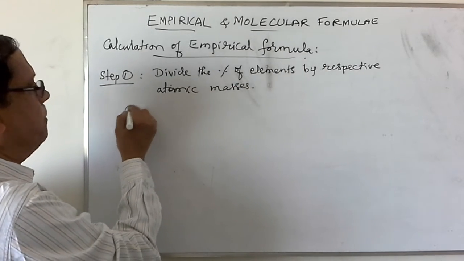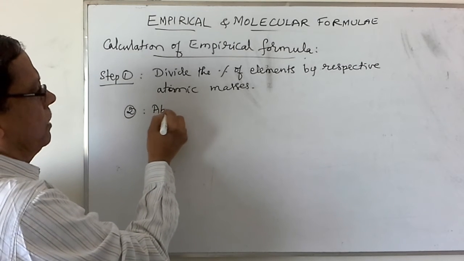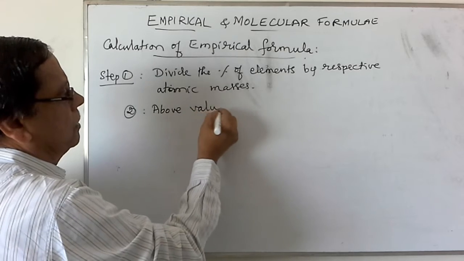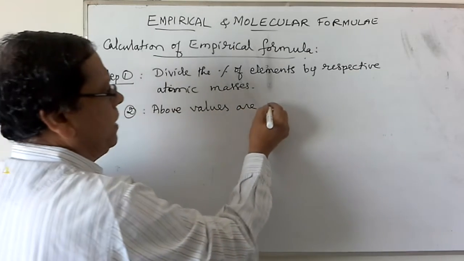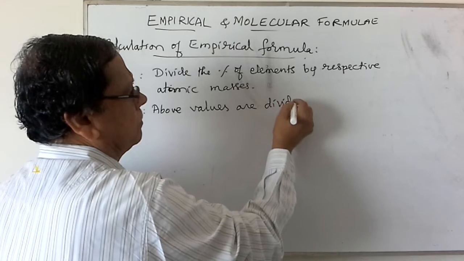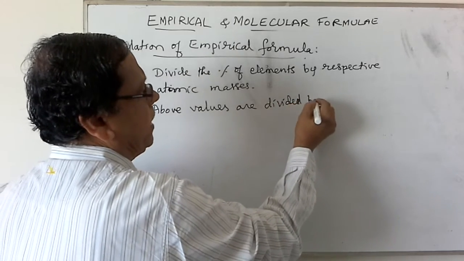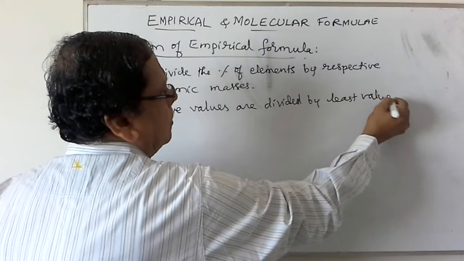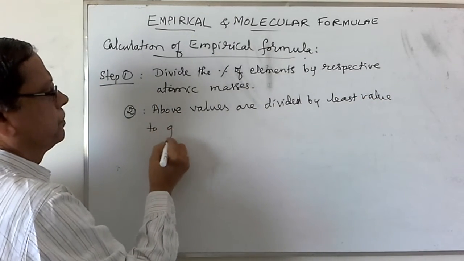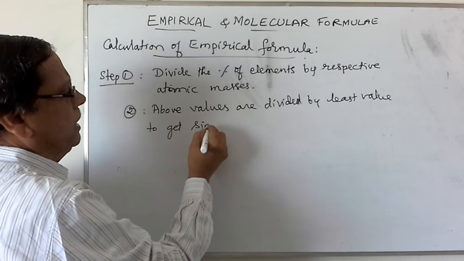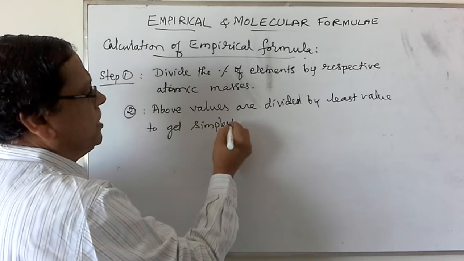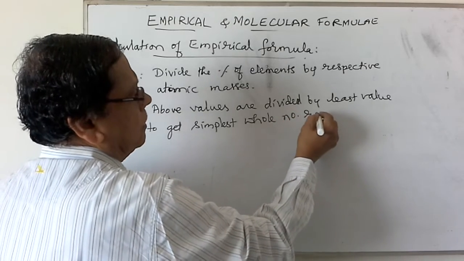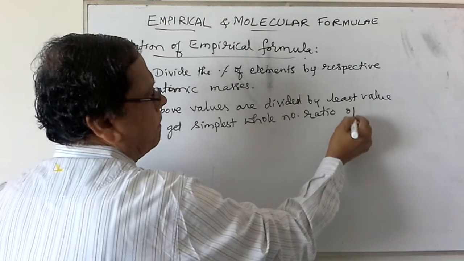But in the second step, the above values are divided by the least value to get the simplest whole number ratio of atoms.